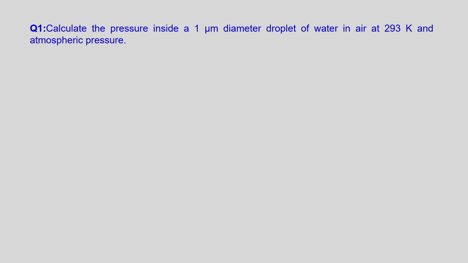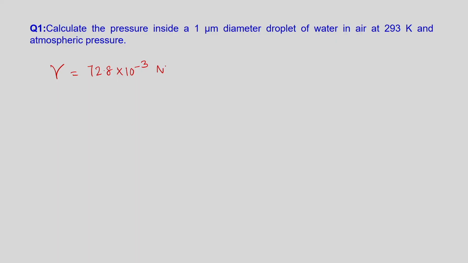Now, the first question is, you calculate the pressure inside a 1 micrometer diameter droplet of water in air at 293 Kelvin and 1 atmospheric pressure. Okay. So, what you do is you write out the different values.